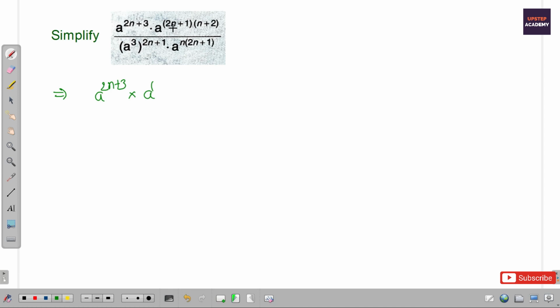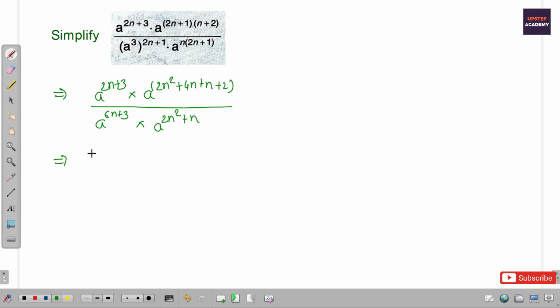Let's multiply one bracket by the other bracket, so it will become twice n square plus 4n plus n plus 2. This whole is divided by a to the power 3 into the whole twice n plus 1, which will become 6n plus 3. Then a raised to n into the whole bracket, so twice n square plus n.